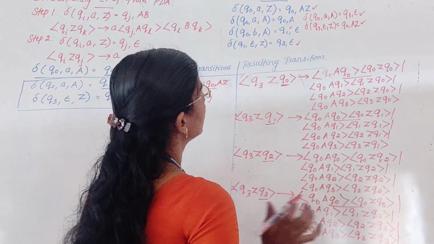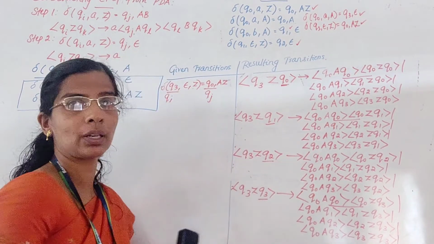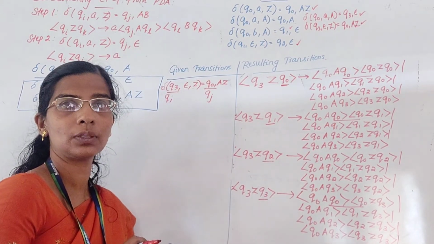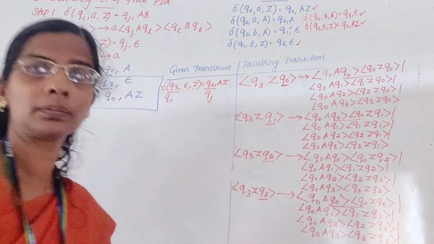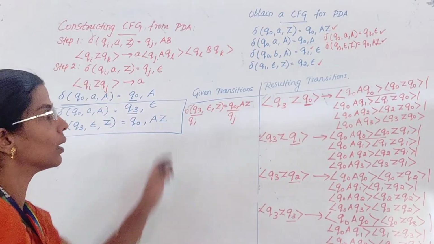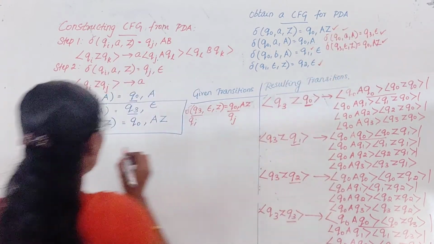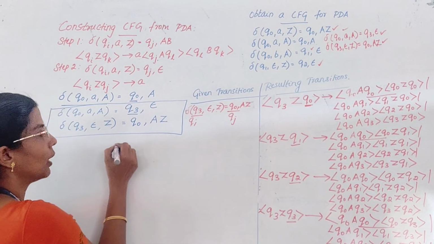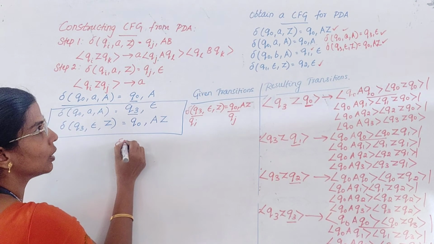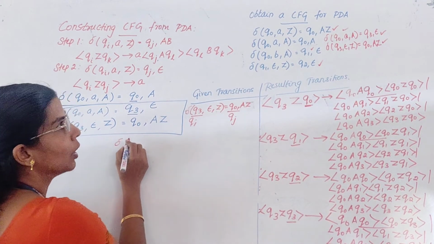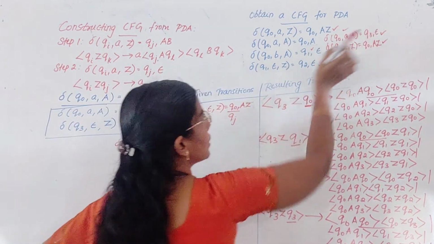Next three transitions we have just epsilon transitions. We'll just finish them in one line. Then we'll see these transitions. Delta of Q naught, comma, A, which is equal to Q3.